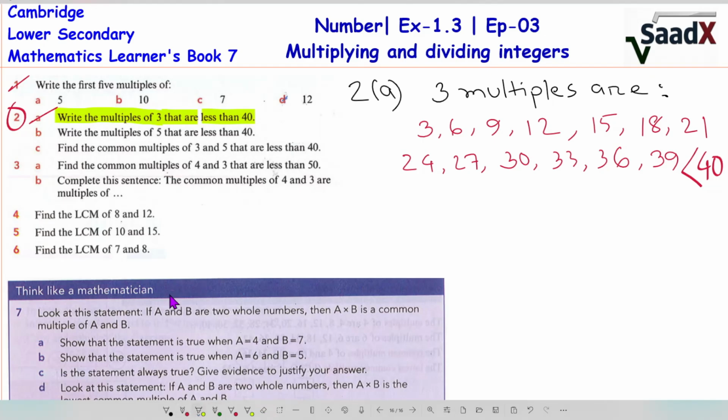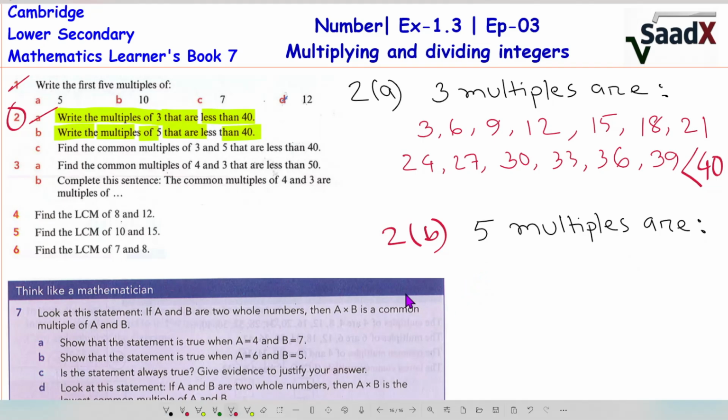Number B of 2. Write the multiples of 5 that are less than 40. So this one is also similar. This is 2b. Here 5 multiples are.